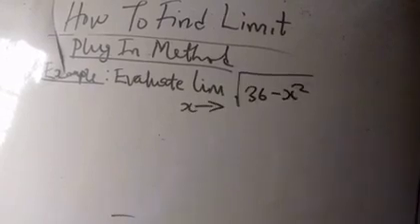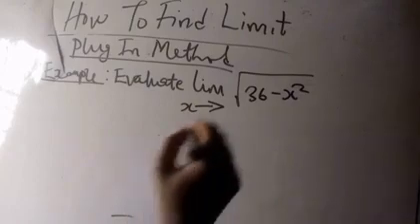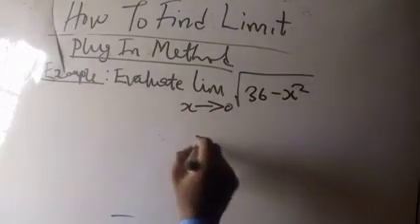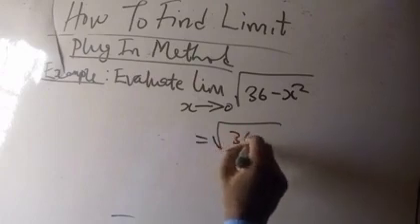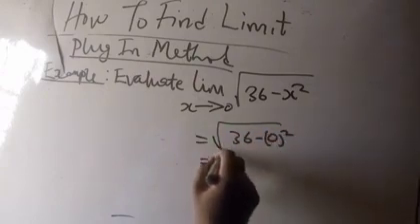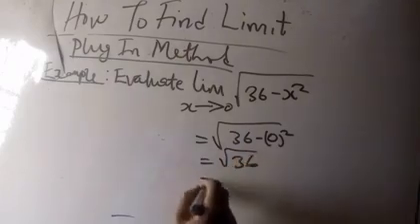Let's look at another example. Evaluate the limit of the square root of 36 minus x squared as x approaches 0. As x approaches 0, we have root of 36 minus 0 squared, and it gives us root 36.